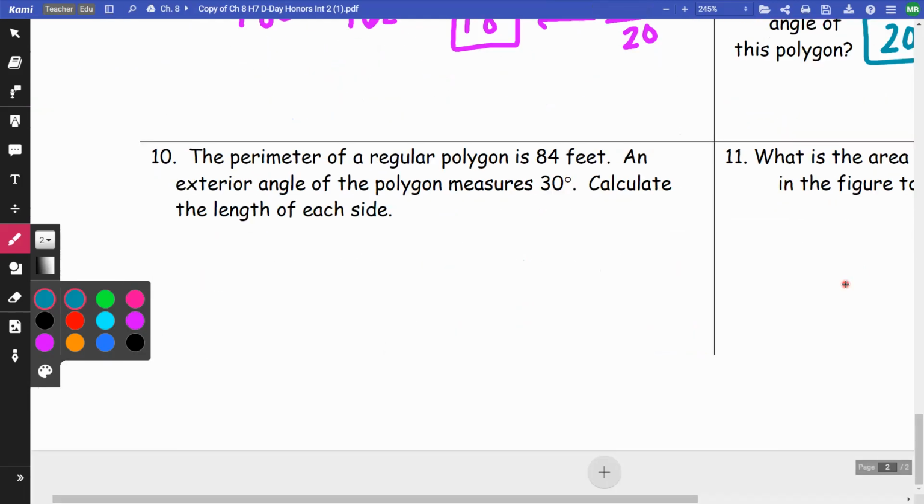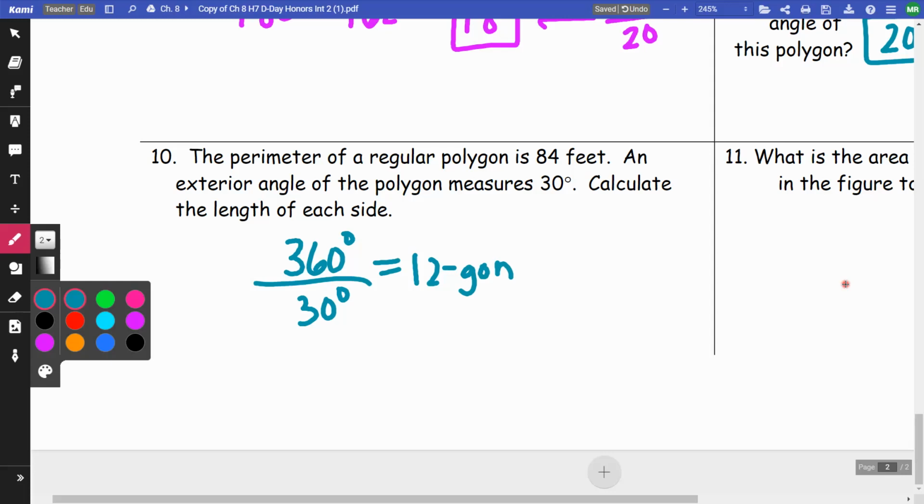On number 10, the perimeter of a regular polygon is 84 feet. So I know it's 84 adding up all the way around. And an exterior angle of it is 30 degrees. So if I take 360 degrees divided by 30 degrees, I get a 12-sided polygon.